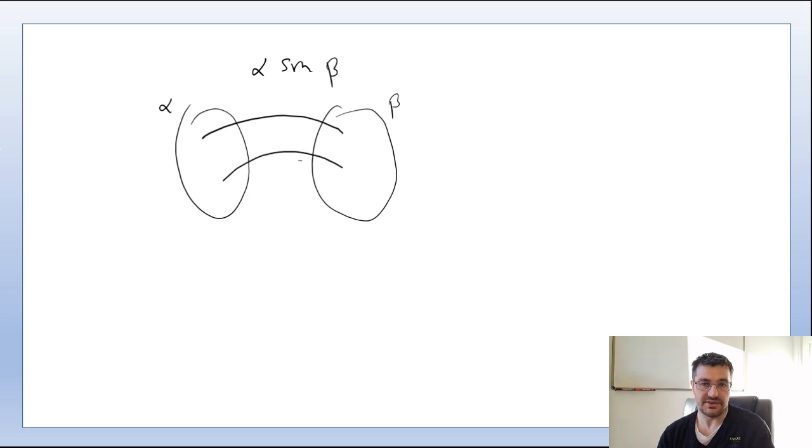Okay, so we get this one-to-one correspondence. So for all intents and purposes, alpha and beta have the same number of members, but we don't presuppose a concept of number in order to establish that there are an equal number of members in alpha and beta.